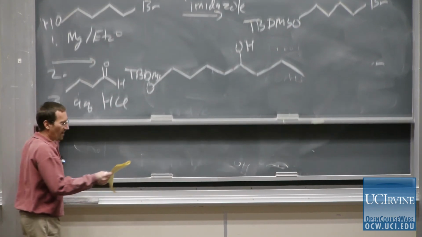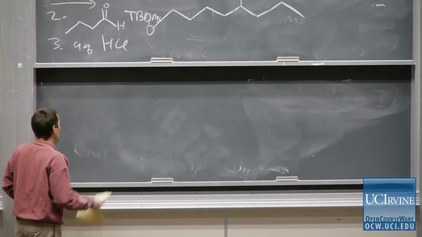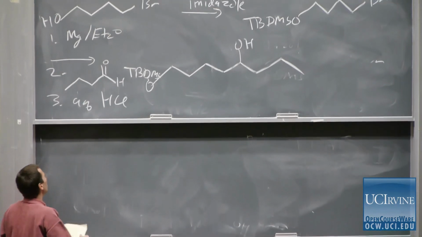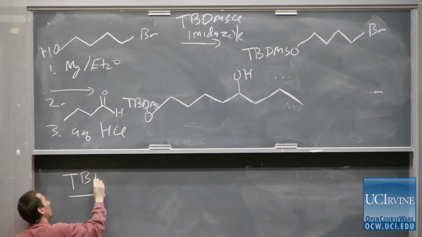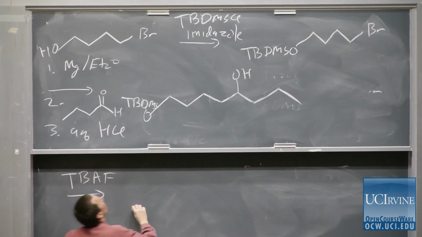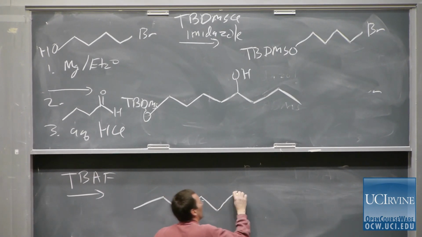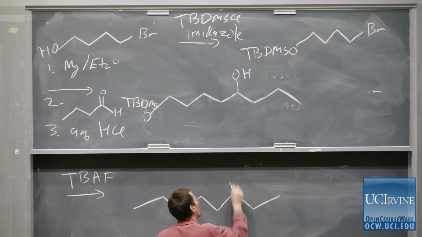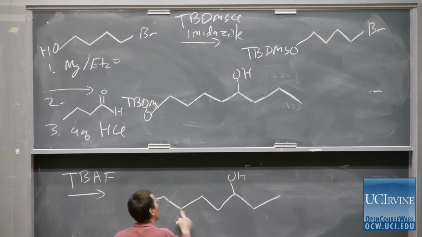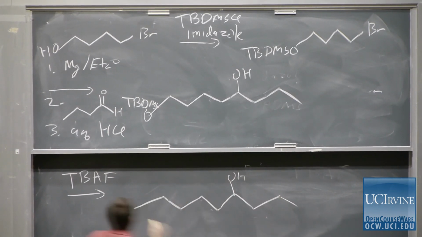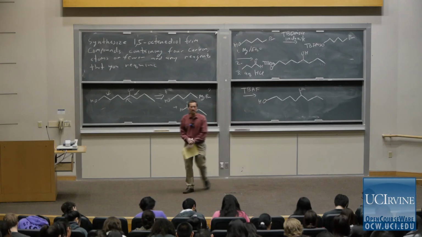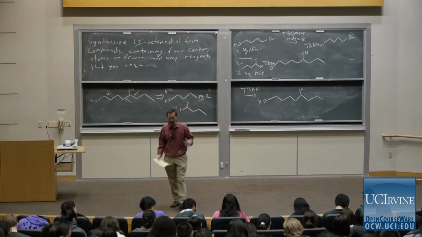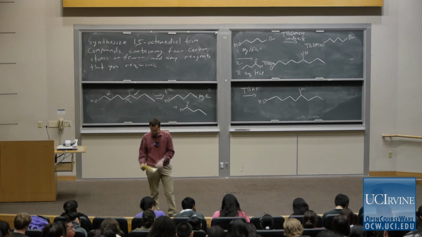And now in the final step of our synthesis, you simply treat this TBDMS ether with TBAF. And lo and behold, you've generated your 1,5-octane diol.